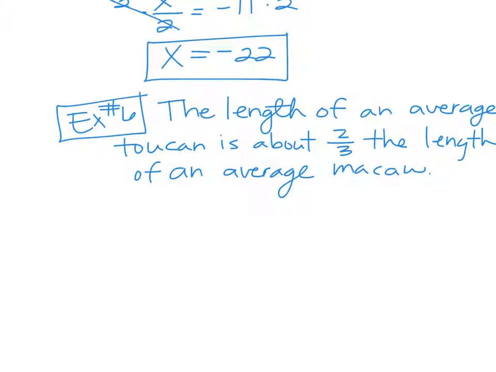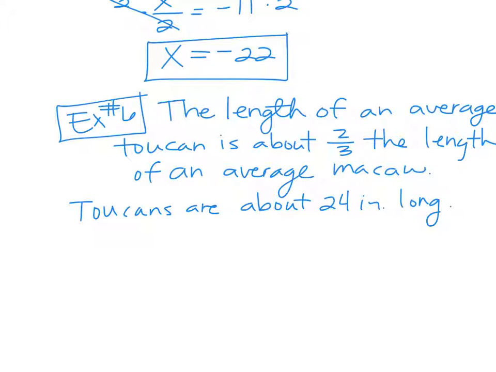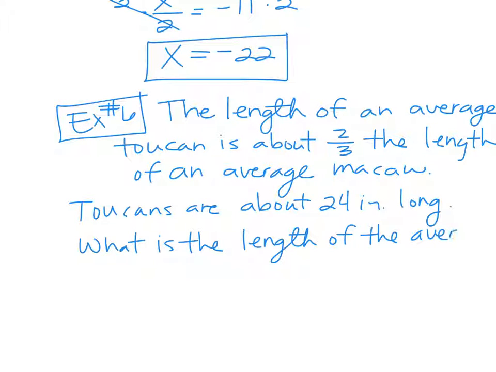Okay, it says toucans are about 24 inches long. What is the length of the average macaw?